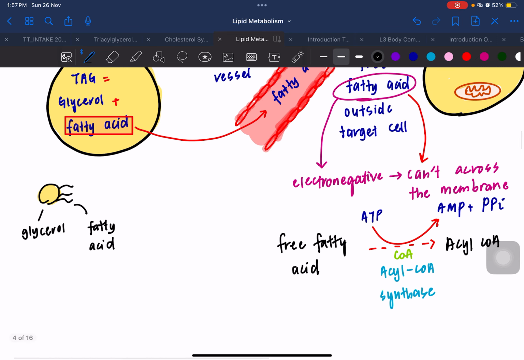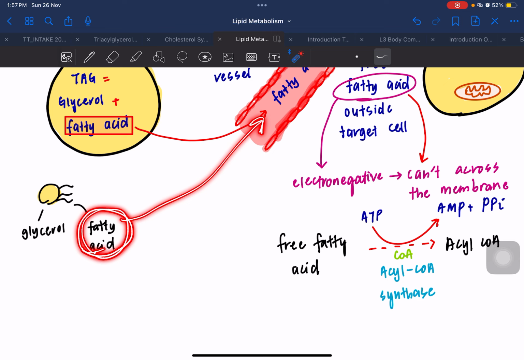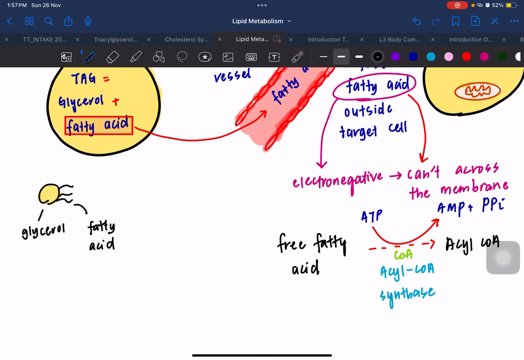And we want only the fatty acid, and the fatty acid will move to the blood vessel. How we get the fatty acid only is from an enzyme, which enzyme? Yes, lipase. From the enzyme lipase, we will get the fatty acid.